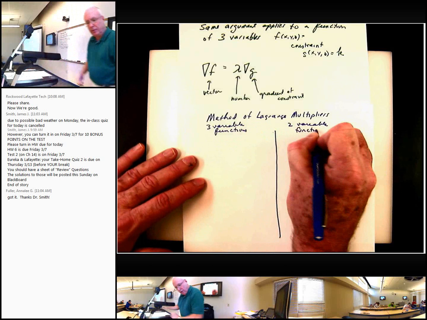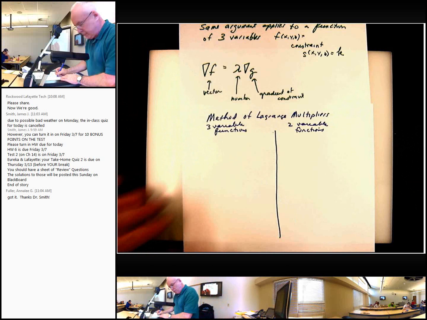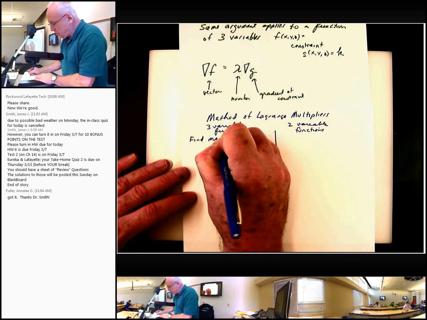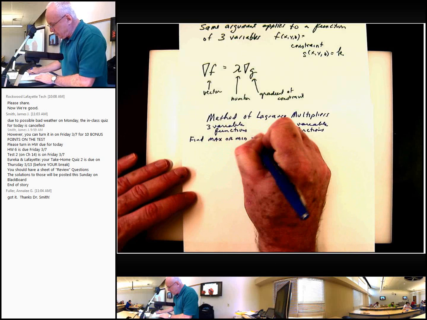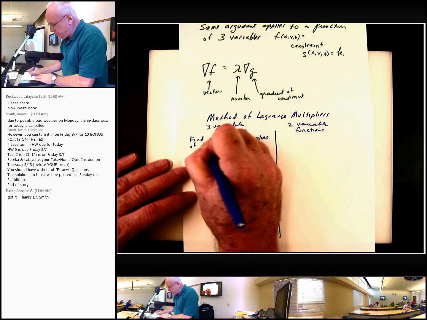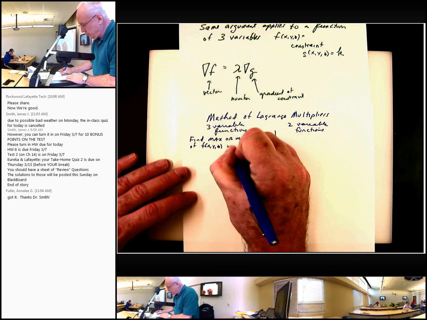For 3 variables, we're finding the max or min values of a given function of 3 variables, f of x, y, z, with a constraint.